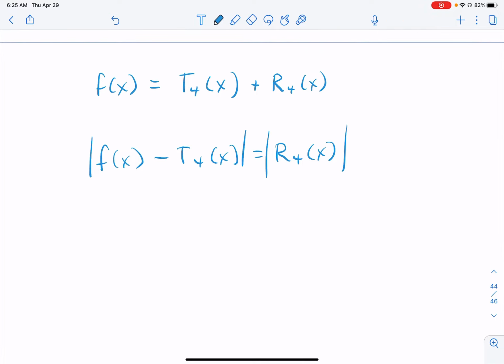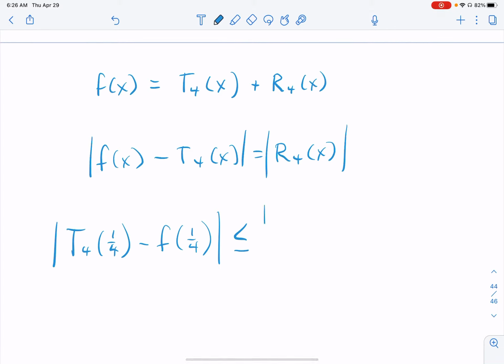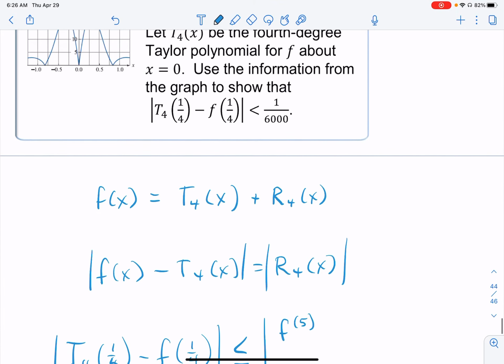So really, in essence, whenever they write the absolute value of T sub 4 of 1/4 minus f of 1/4, we're finding the remainder. And since this is a Taylor polynomial, we're going to use the Lagrange form of that remainder, which is less than or equal to the next term. We went up to 4, so we're going to go to the fifth derivative, not necessarily evaluated at 1/4, no, at the center point, right?